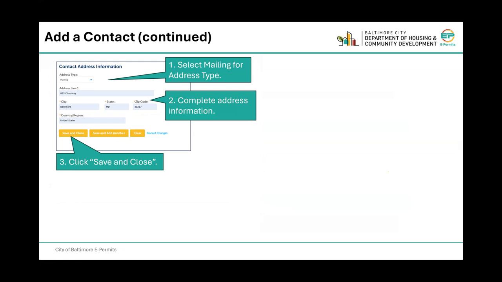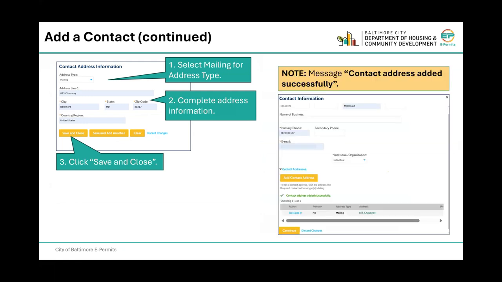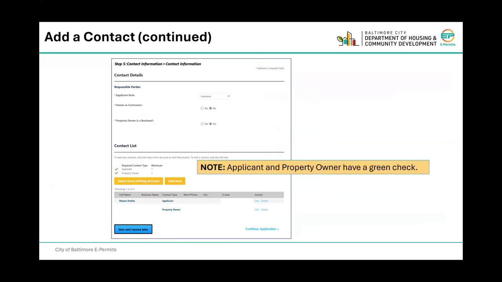Click save and close. You'll get the message contact address added successfully, and click continue. The applicant and property owner have a green check, meaning their information is complete. So click continue application.